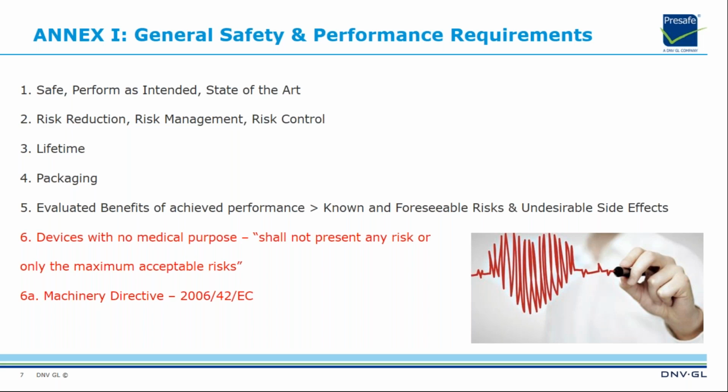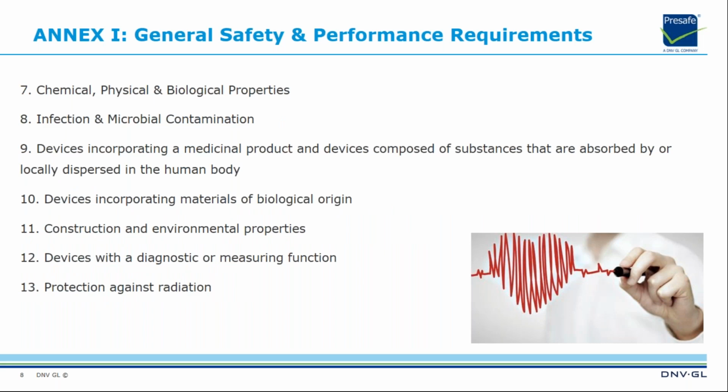Also, devices with no medical purpose have been added to Annex 16 in this MDR, and they shall not present any risk or only the maximum acceptable risk provided by this item. The Machinery Directive also must be considered. Then chemical, physical, and biological properties, infection and microbial contamination, devices incorporating medicinal products, including drugs, and devices composed of substances that are absorbed by or locally dispersed in the human body.